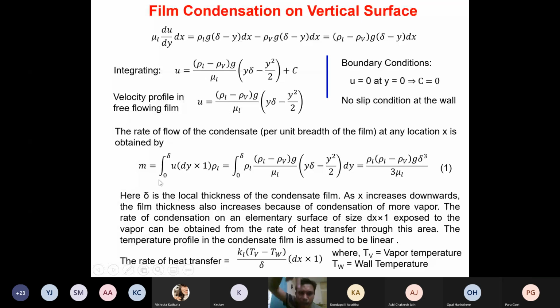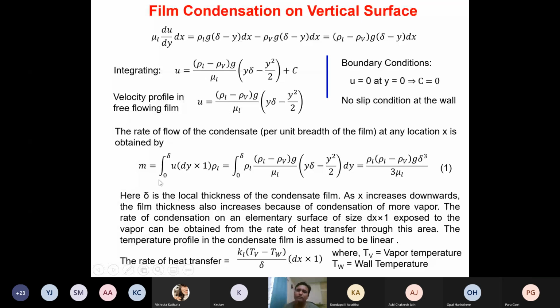So what is the cross sectional area in this case? The cross sectional area from the top, isn't it? So that is dy into thickness in the z direction, which is 1, into u, multiplied by rho l, which is nothing but the density of the liquid.